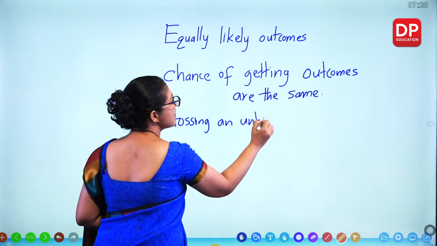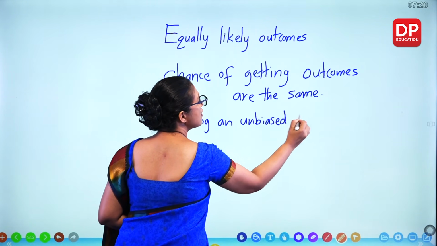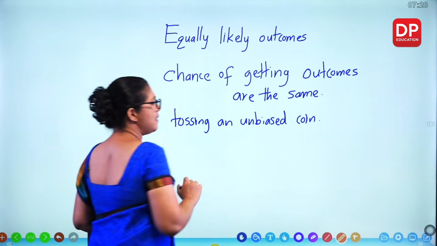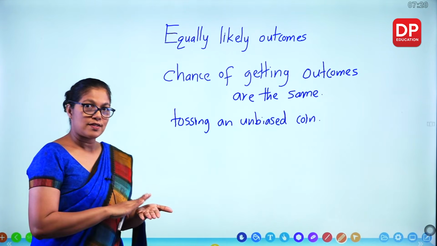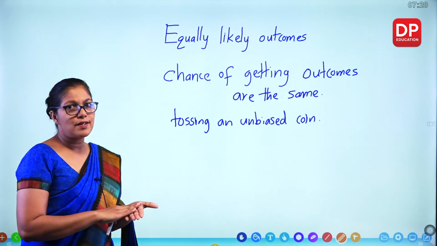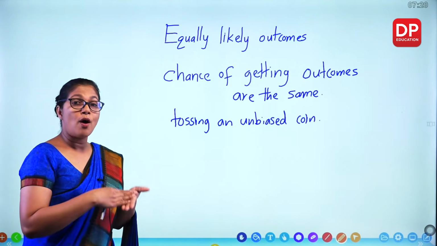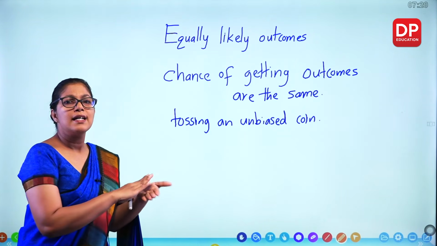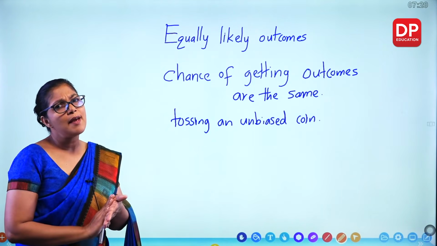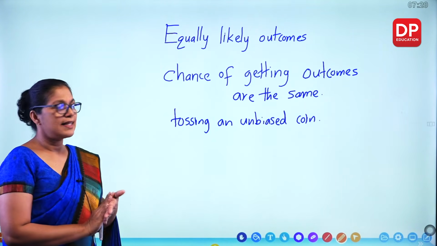That means when you toss a coin, you get two sides, heads or tails. So the probability or the chance of getting head is the same as getting tail.